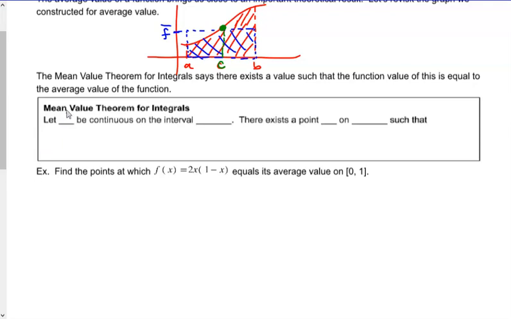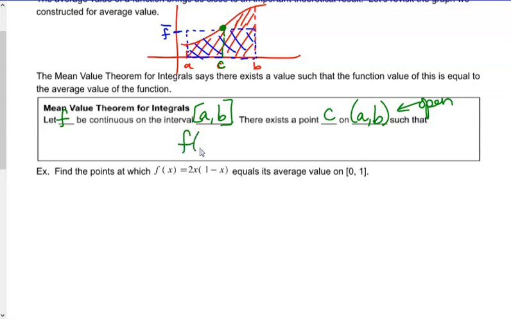So let f be a continuous function on the interval from a to b. There exists a point c in (a, b). Now, I'm pointing out here, this is an open interval. c cannot be at the endpoints.